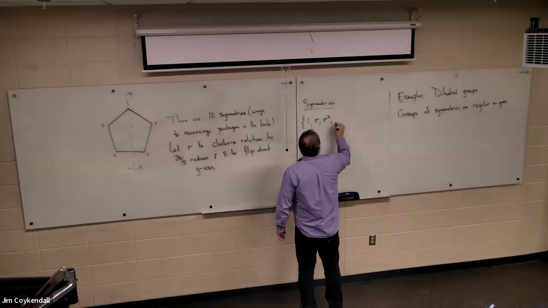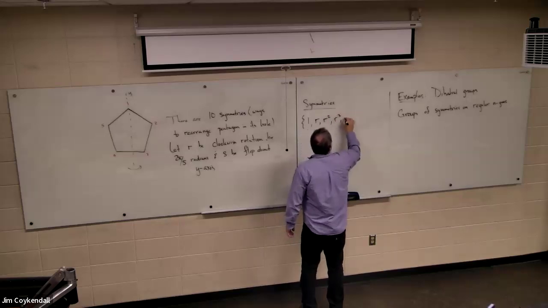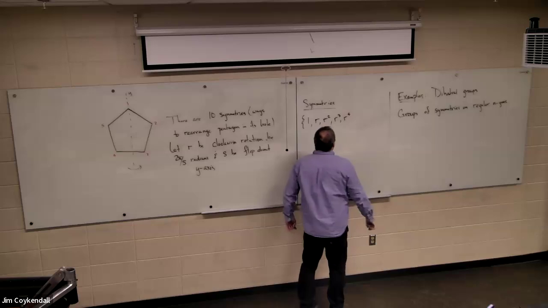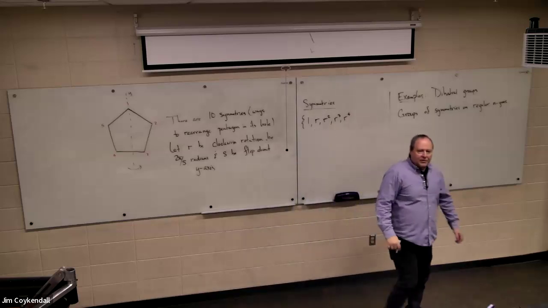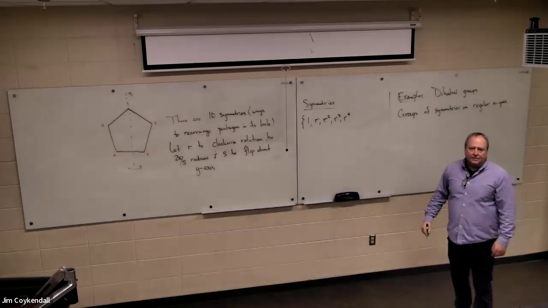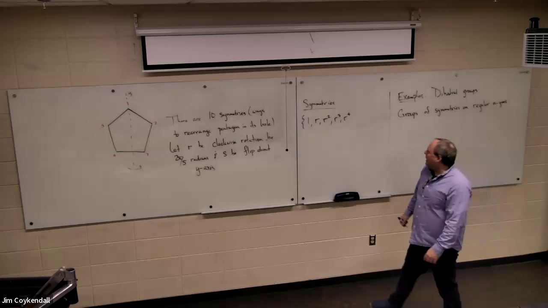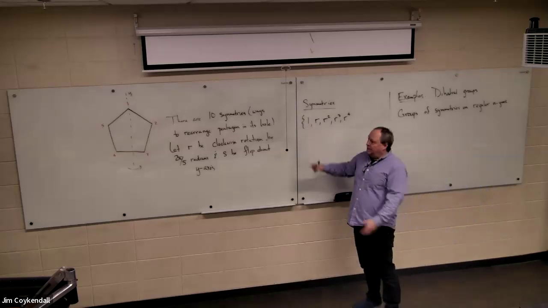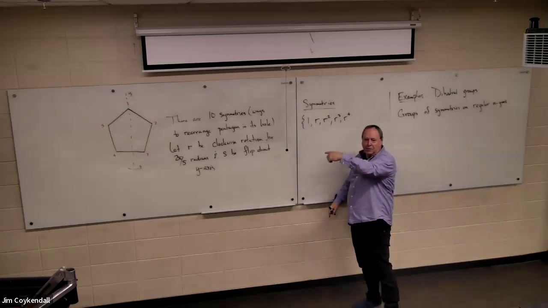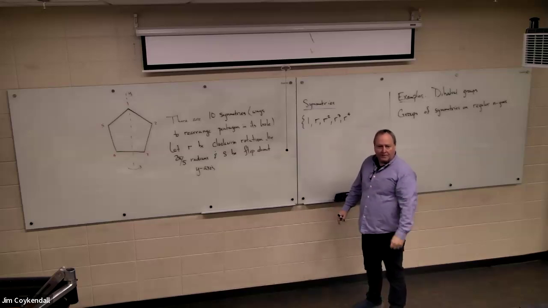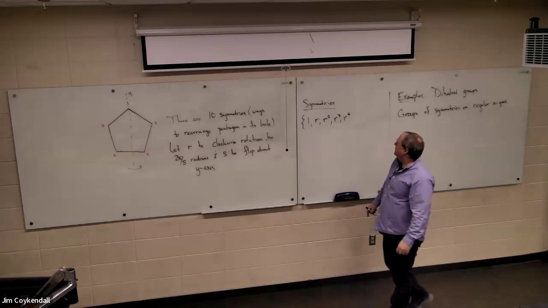I could rotate it twice, rotate it 3 times, rotate it 4 times. What happens if I rotate it 5 times? What happens if I turn that? That's right. I get back here. Everybody agree with that? Because if I take that and turn it completely around, I'm back to where I started. Agree?